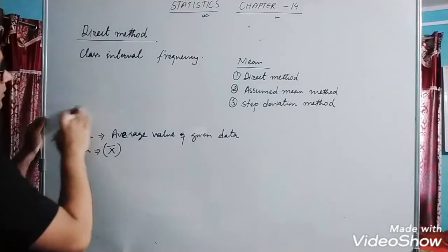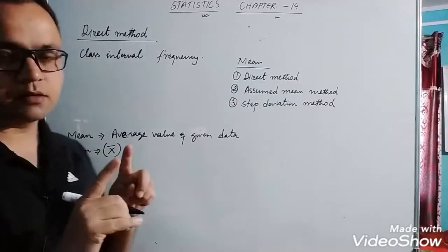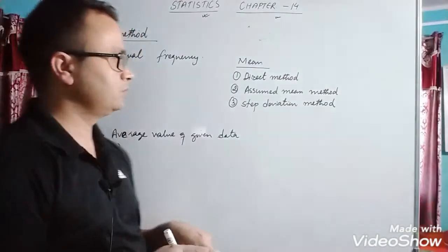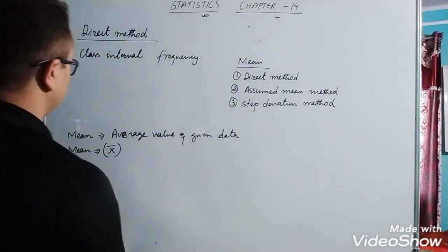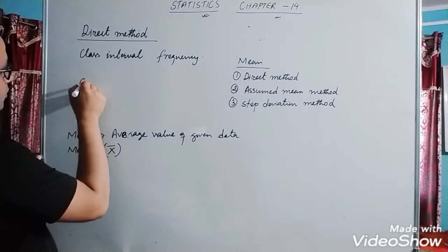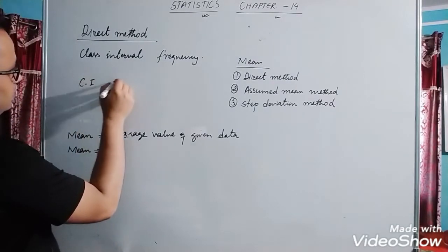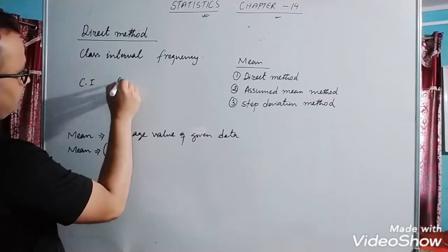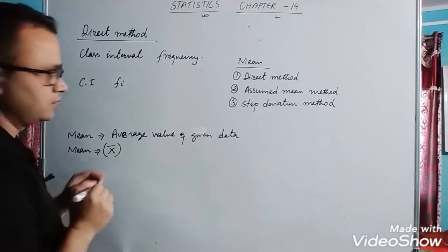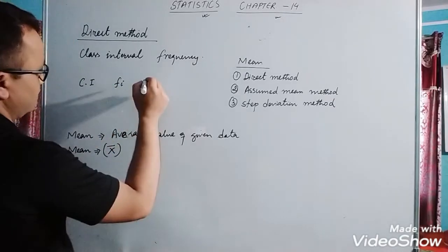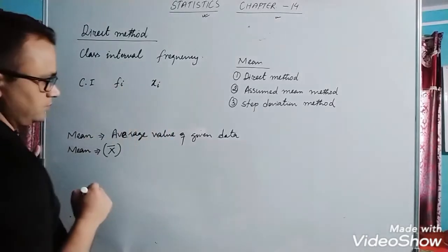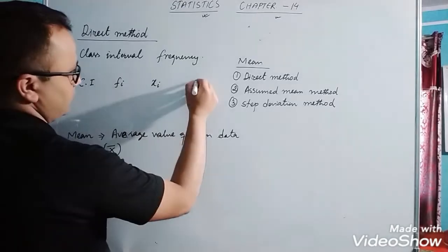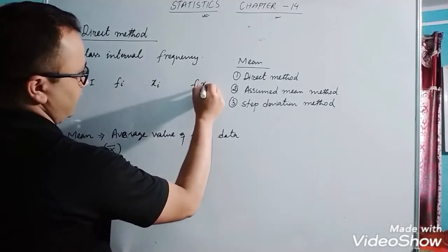First we have to make the table for calculating the mean by the direct method. First we write class interval, then frequency Fi, the frequency of the interval. After that we calculate Xi, and the last column will be Fi Xi.